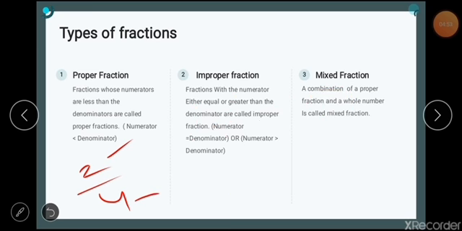Next, improper fraction. Fractions with the numerator either equal to or greater than the denominator are called improper fractions.